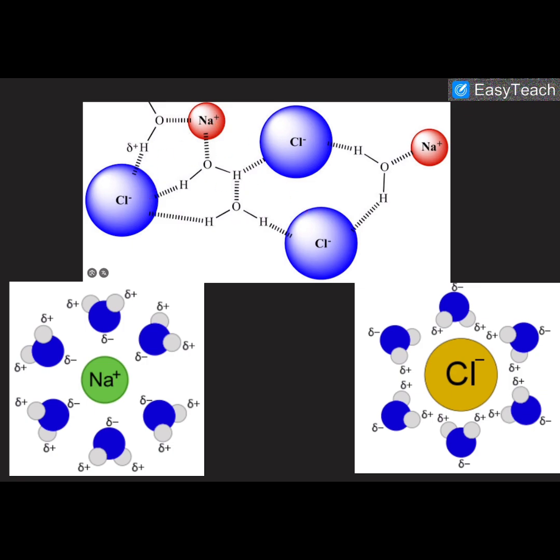But they will decrease the cohesive force, obviously, because they have displaced the H2O molecules, but they are attracted to each other. Na+ and Cl- are attracted to each other by a strong force, which is electrostatic force.